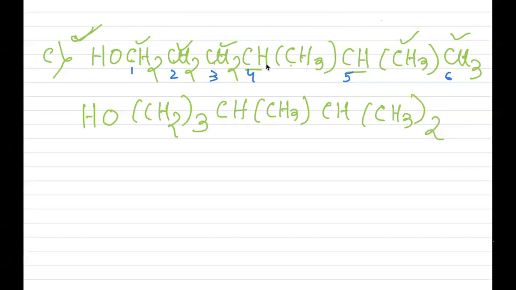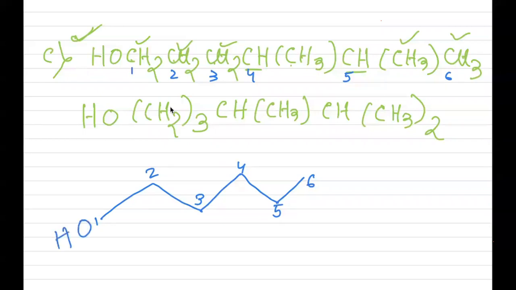So 6 carbon atoms are there. Now OH is present with the first carbon, so OH will be here.